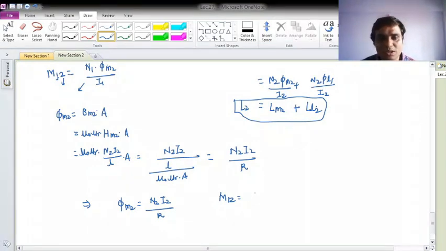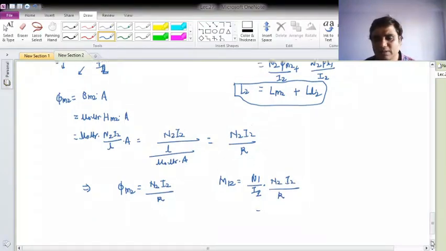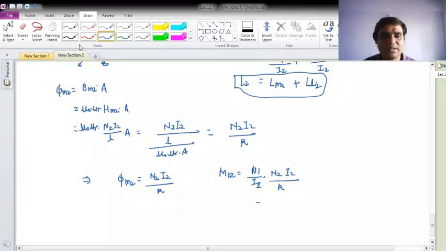Was it N1 upon I1? No, this is due to the flow of current I2. I'm sorry, just made a change. M12 will be due to the flow of current in coil 2, I2. Okay, so this is basically my I2 into phi m2, which will be N2 I2 upon reluctance, and this I2 will get cancelled again. This will vanish.